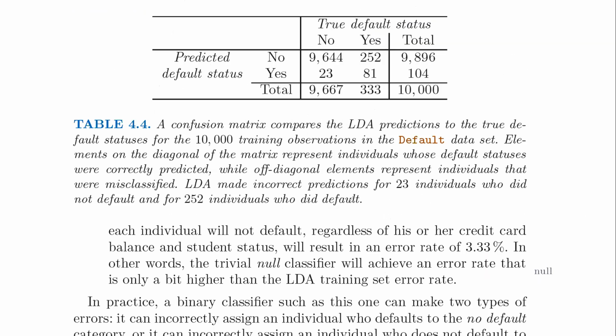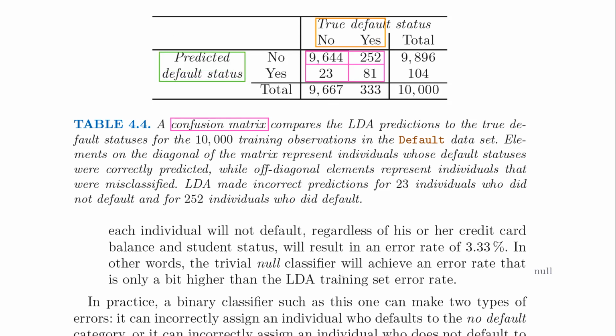And in fact, we have the numbers in this so-called confusion matrix. So you take your 10,000 people, your 10,000 observations, and you partition them into 4 categories based on the actual data and the predicted data.